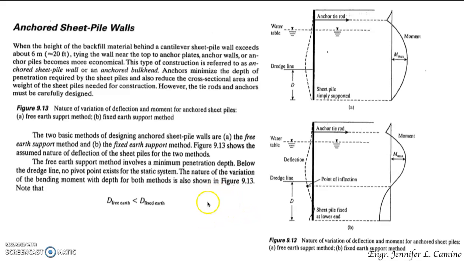No pivot point exists for the static system. The nature of the variation of the bending moment with depth for both is also shown in this figure. Take note that the depth of penetration for the free earth support method is less than the depth of penetration for the fixed earth support method.